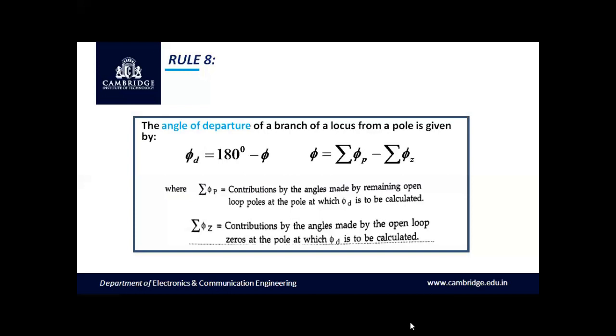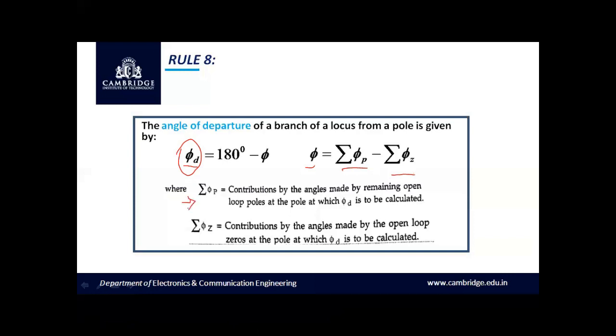First, let us discuss the angle of departure at complex poles. As branches leave from open loop poles, it is advantageous to know at what angle they depart from the complex conjugate pole. This angle is called the angle of departure, denoted by phi d, where phi d is given by 180 degrees minus phi, and phi is equal to summation phi p minus summation phi z.